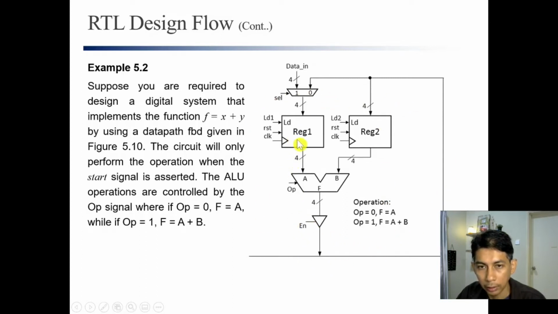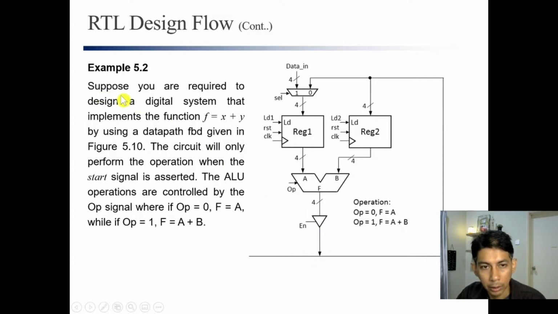We have two registers, rec 1 and rec 2. We have the ALU here, and we have the three-state buffer to enable the data to enter the bus.